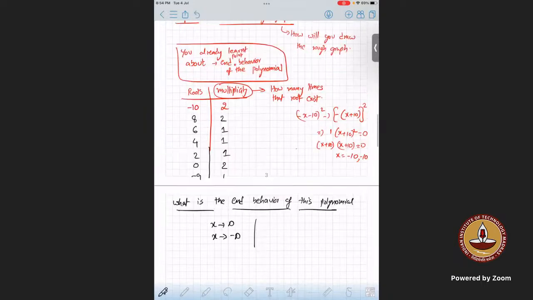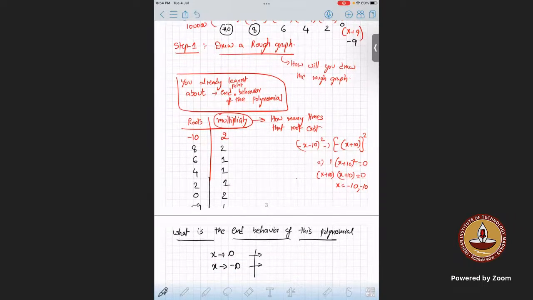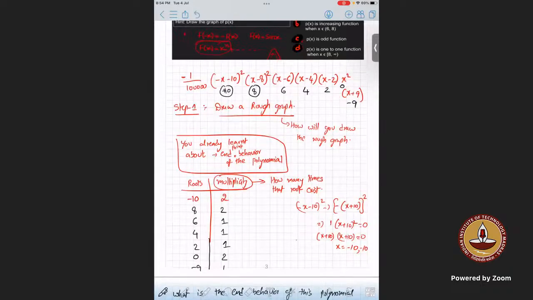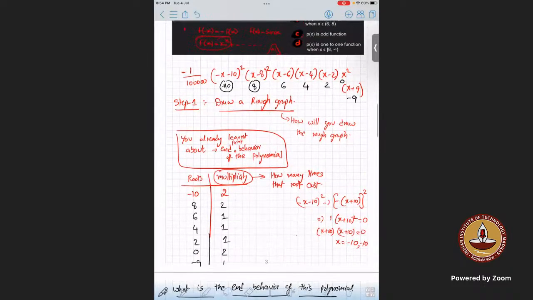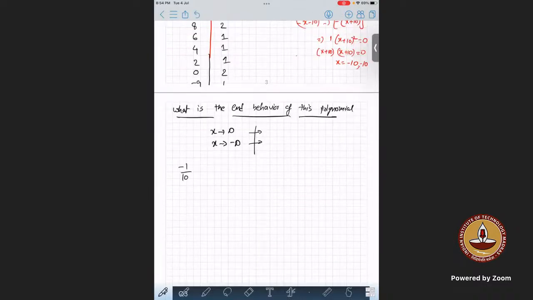To answer this question very easily: in lectures, Sir said to remember some things, like if a is less than 0, but to get it very easily, see this example. The given is minus 1 by 1 lakh, 2 minus x minus 10 whole square, x minus 8, x minus 6, x minus 4, x minus 2, x square, x plus 9.